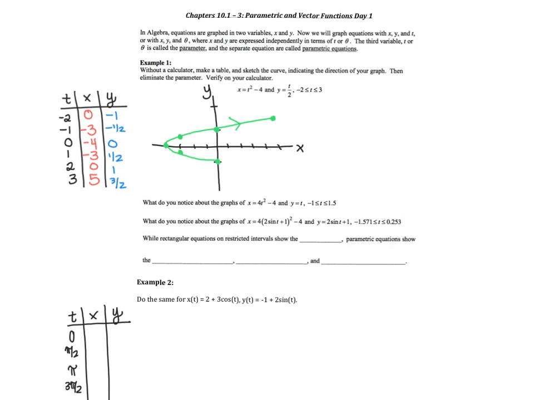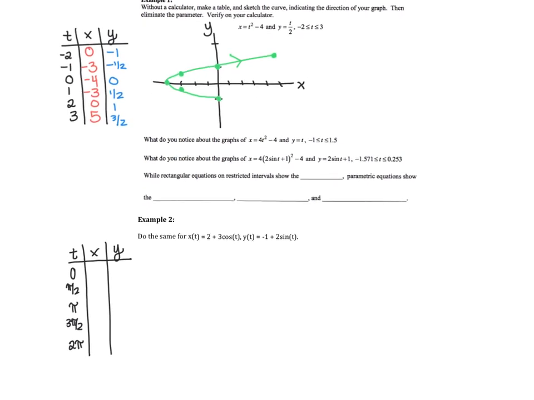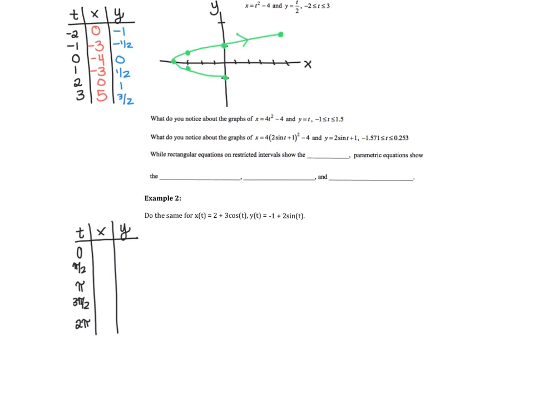Then what I'd like you to do in this next exercise is to plug in a couple more functions. I'd like you to plug in this function and change your parameter to go only from -1 to 1.5. And then I'd like you to plug in this next one here and only go from -pi/2 right here, and then it looks like pi/4, I would guess.